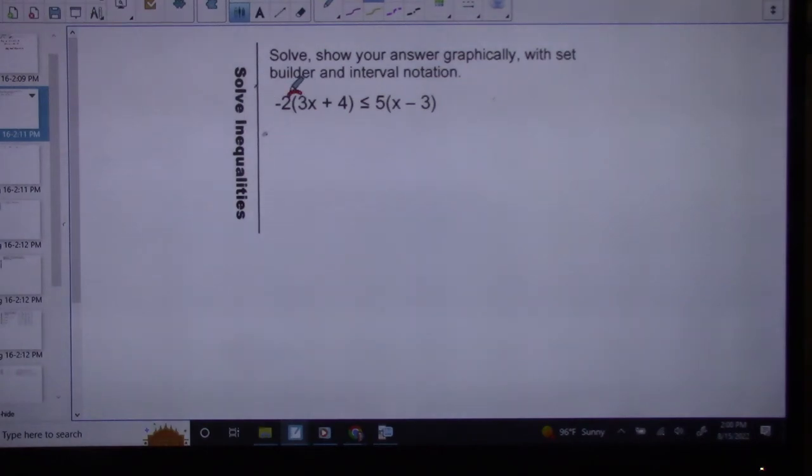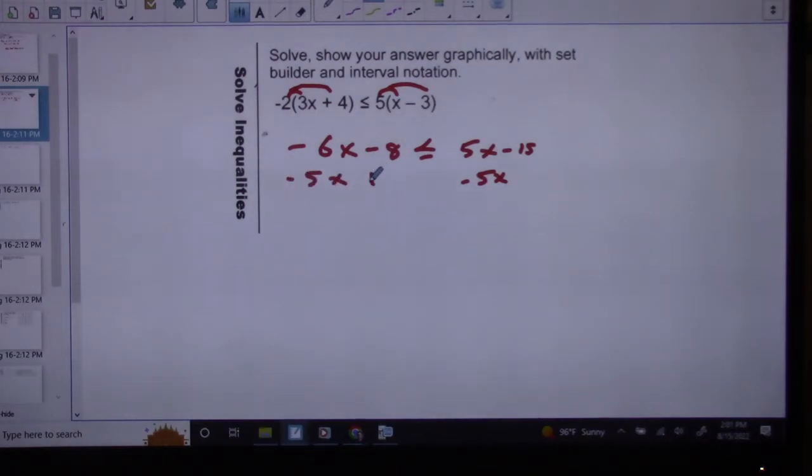Next, we have this one here. It's going to be initially the same process. We have negative 6x minus 8 is less than or equal to 5x minus 15. And then we can go ahead and subtract 5x, and simultaneously we can add 8.